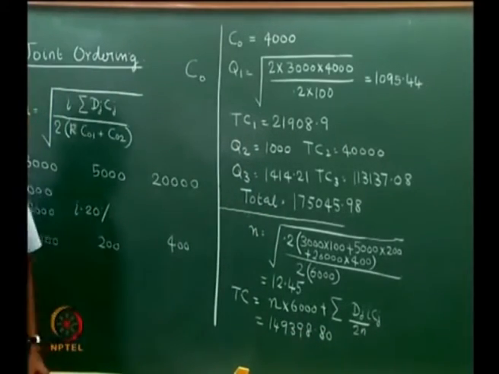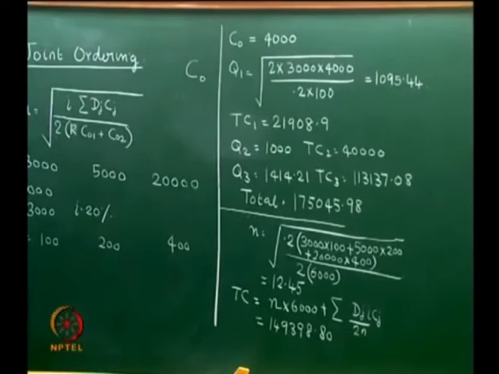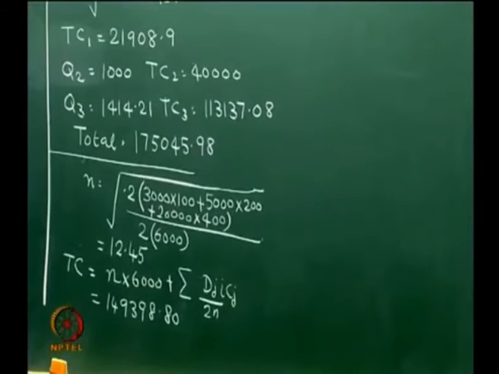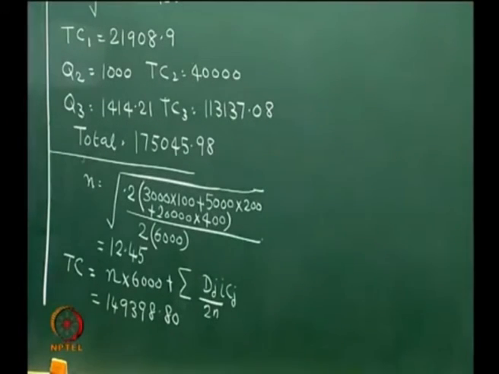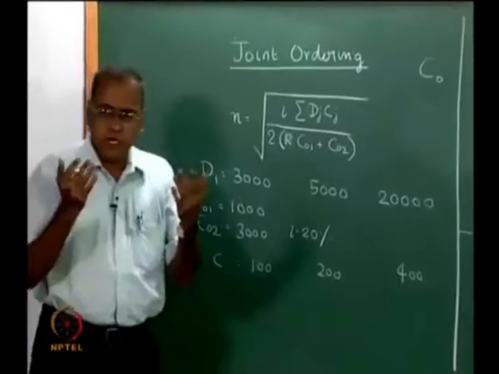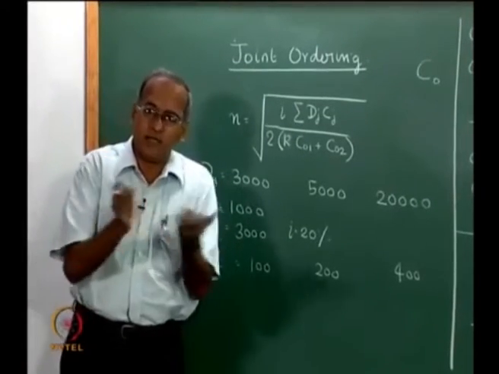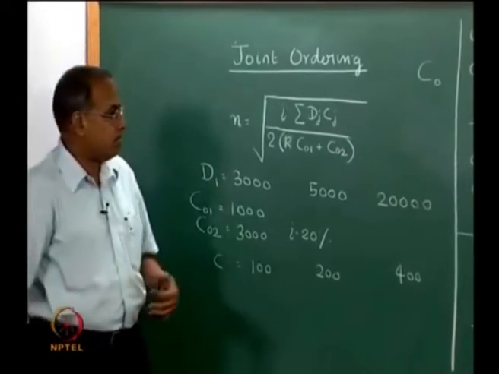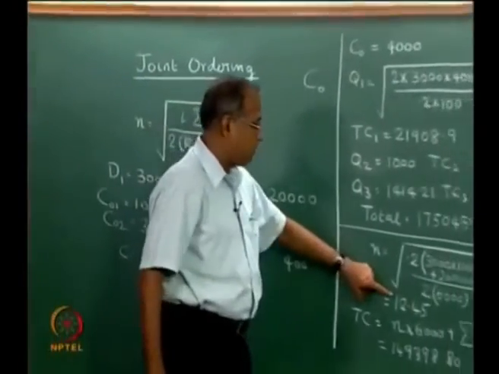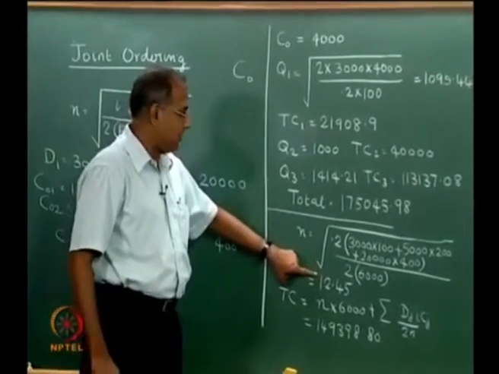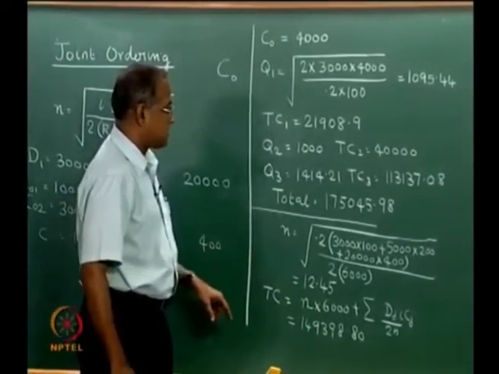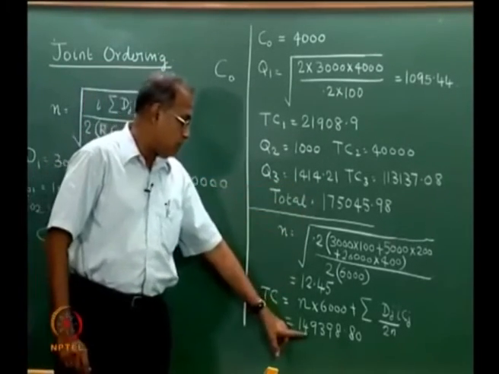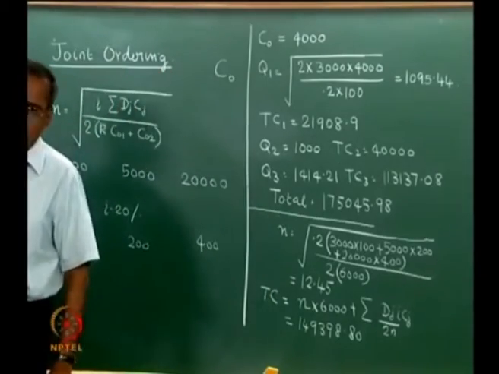So, this example tells us that if we are incurring 1000 rupees on the admin cost of ordering each item and there is a truck cost of 3000, and by joining the orders and by making sure that all 3 items have the same number of orders per year, we now have 12.45 orders for each of them, and then we realize that the total cost has actually come down from 175045 to 149398.8.